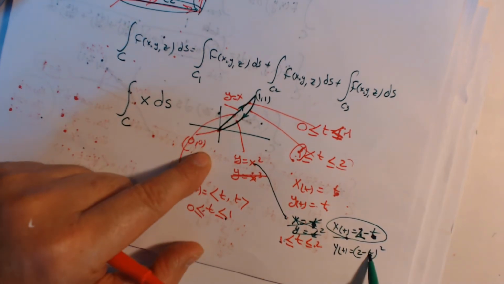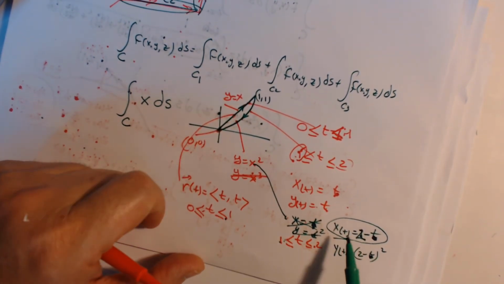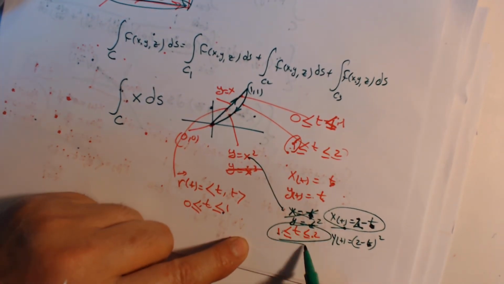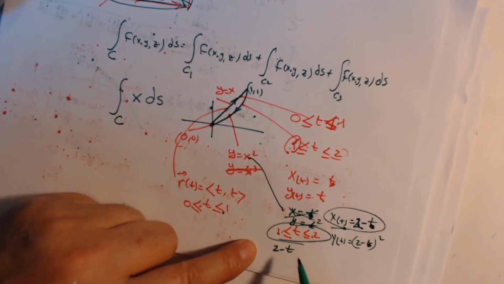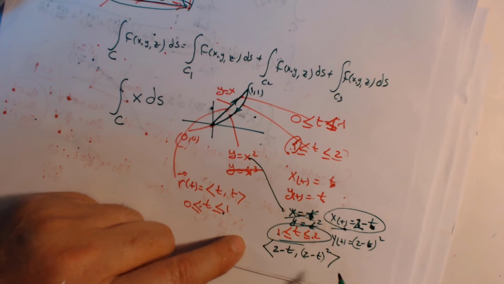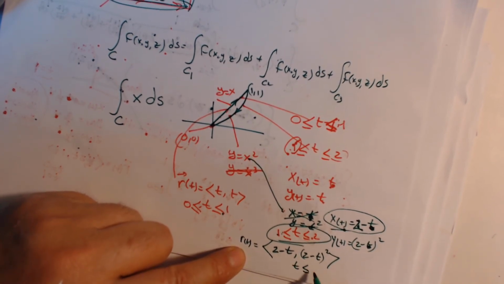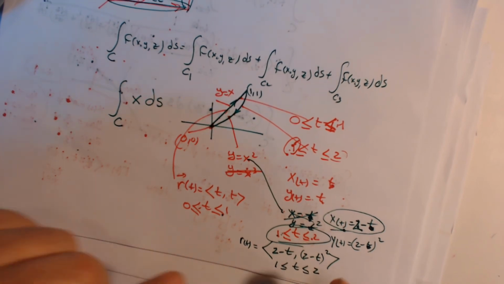When I put 2, I get a 0. Oh, I parameterize that also. Therefore, between 1 and 2, I have to use 2 minus t and 2 minus t squared, and that becomes your r of t whenever the t is between 1 and 2.